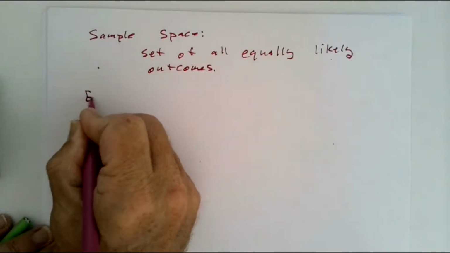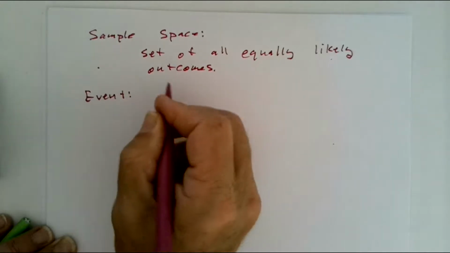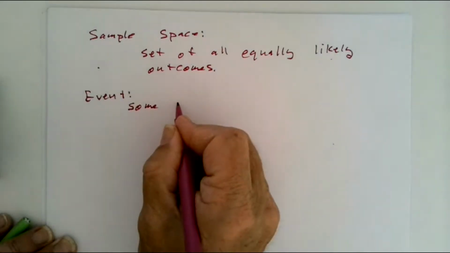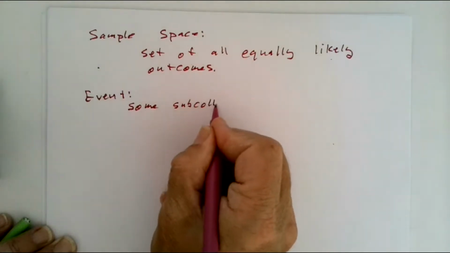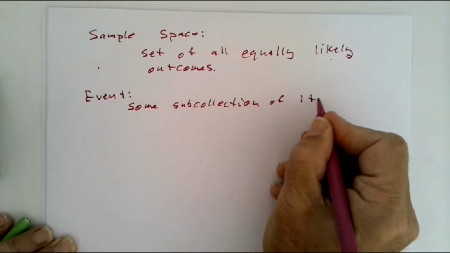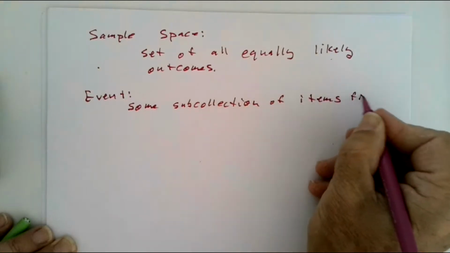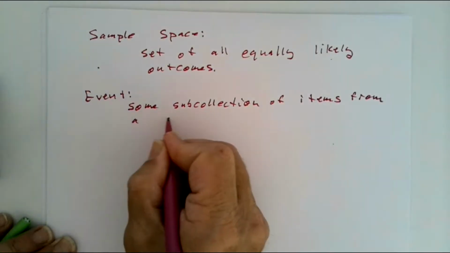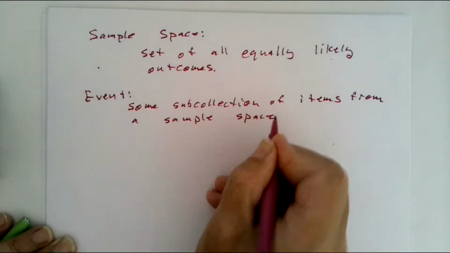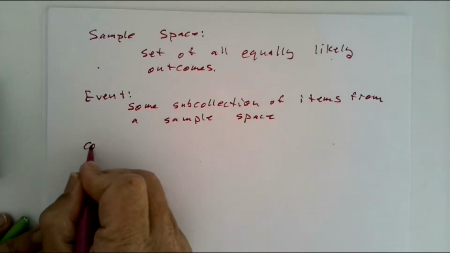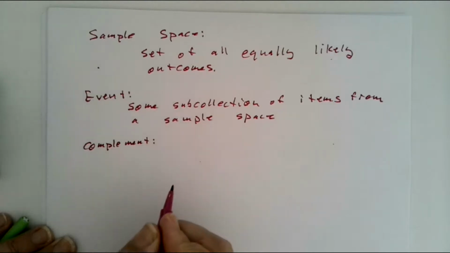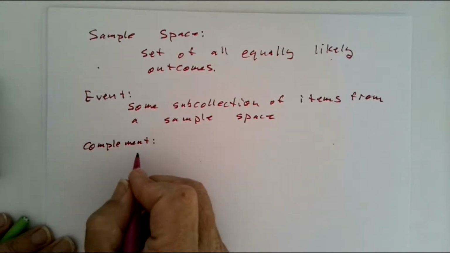You have an event, which is some subset of the sample space, some subcollection of items from a sample space. Then we can have a complement of an event.